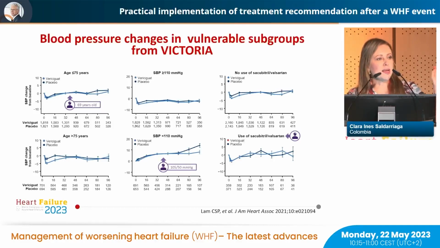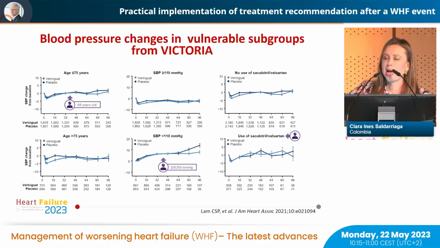The decrease in the blood pressure occurred just at the beginning of the treatment. It was a minor reduction. As you can see here, over time even blood pressure increased in the treatment arm. Just to remind you that more than 90% of the patients in the VICTORIA trial were up-titrated to 10 milligram doses of the medication.